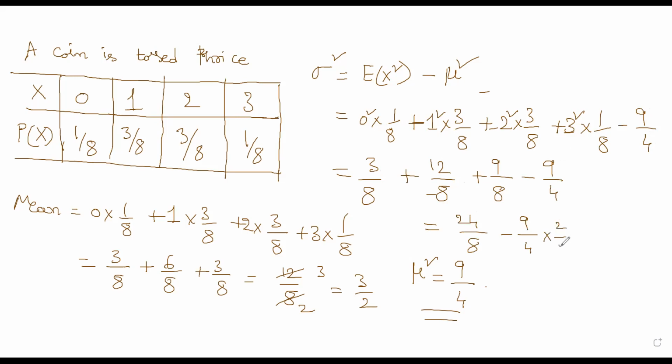Multiply and divide by 2. So you have 24 by 8 minus 18 by 8, right? 24 minus 18 is 6, so 6 by 8. It happens to be 2 3s and 2 4s. So the answer for sigma square is 3 by 4.